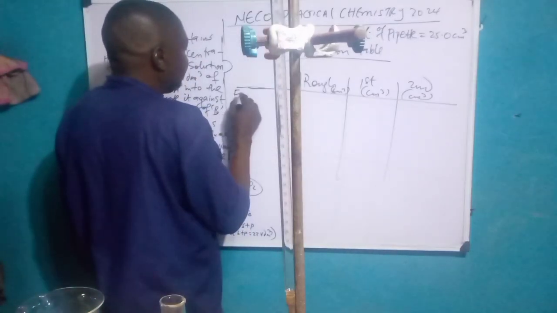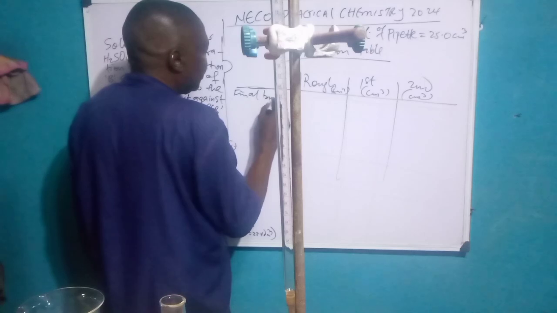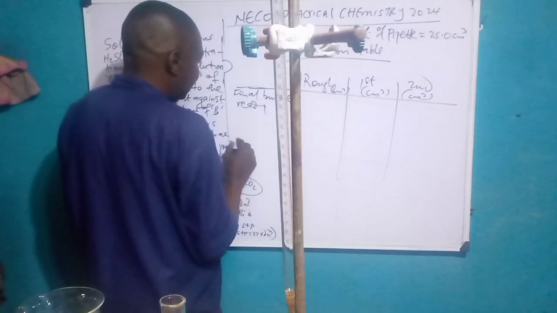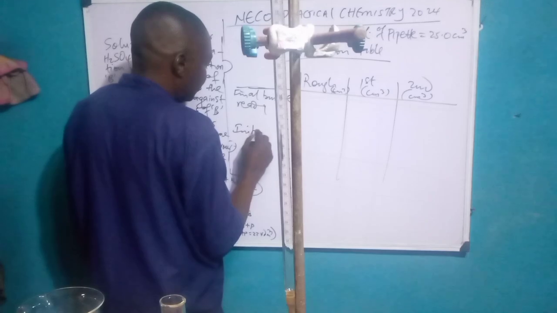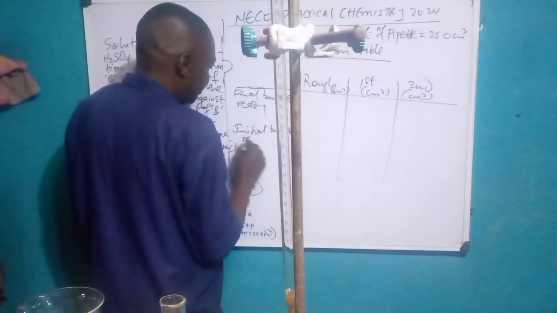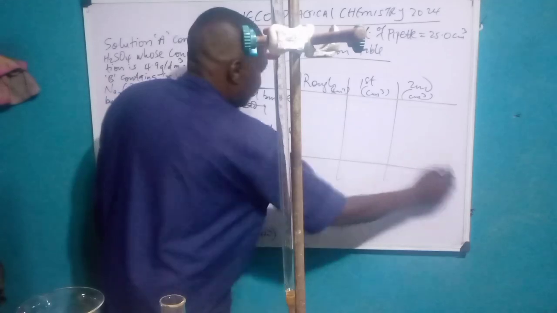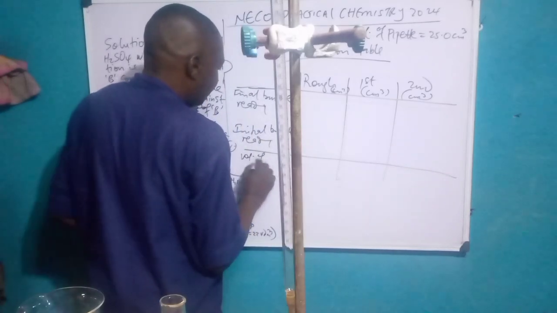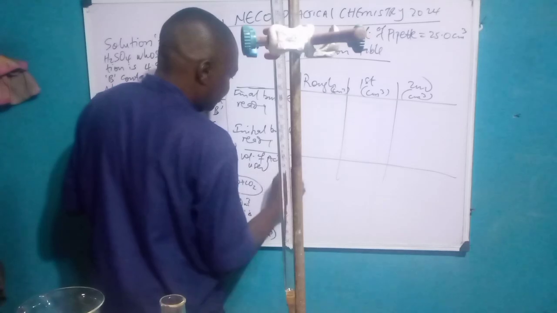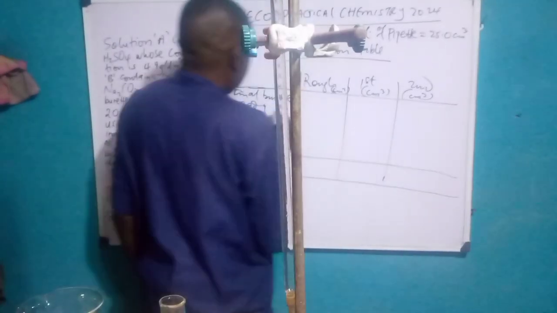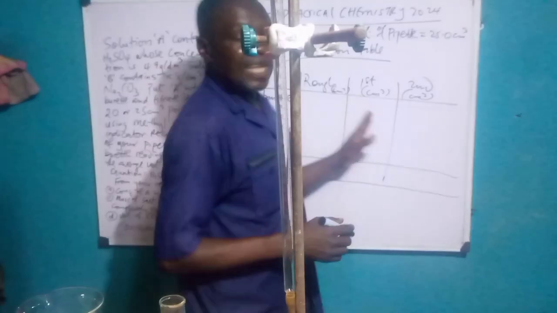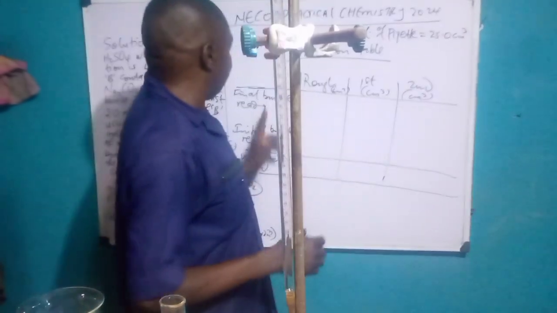You now say final burette reading, initial burette reading, volume of acid used. So you see it. This is how you draw your table, a complete table, before you start putting in values. Ensure you put the final before the initial.